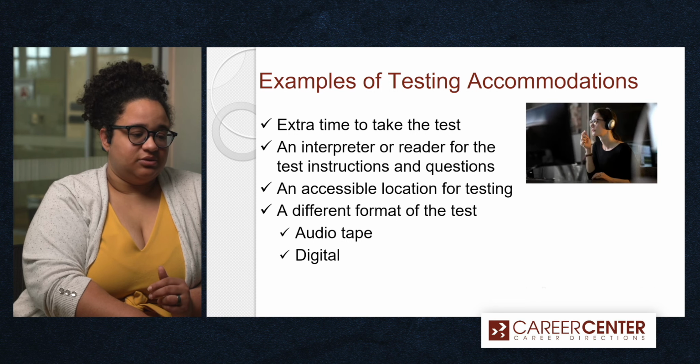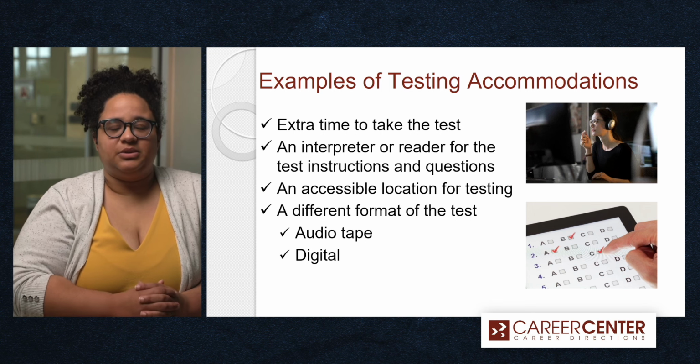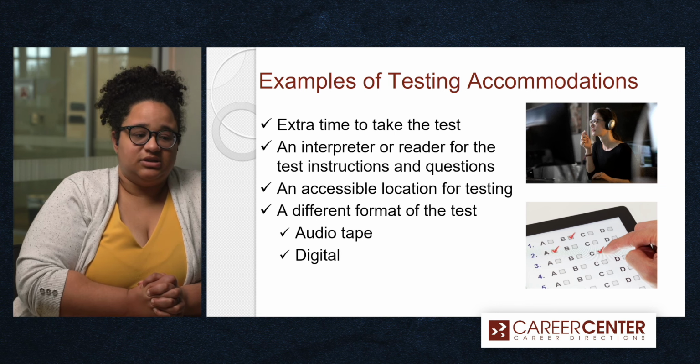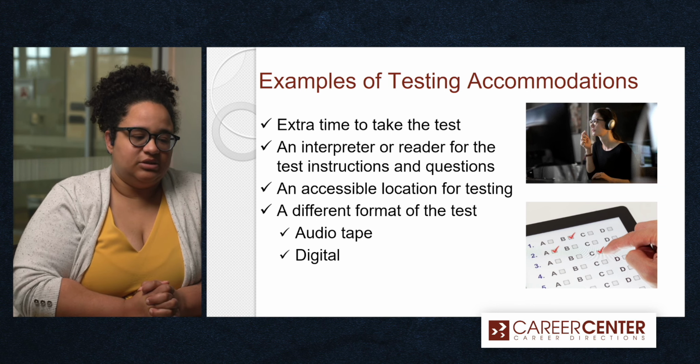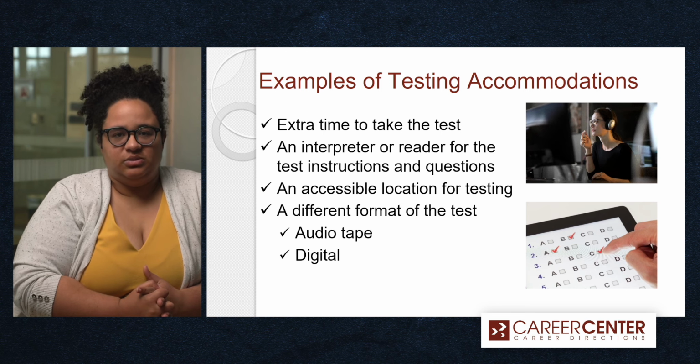Could also be digital. You may not be able to write properly or hold a pen properly, but you can tap an iPad. This is not a comprehensive list, and you can find out more information about other kinds of accommodations that may work better for your particular situation.